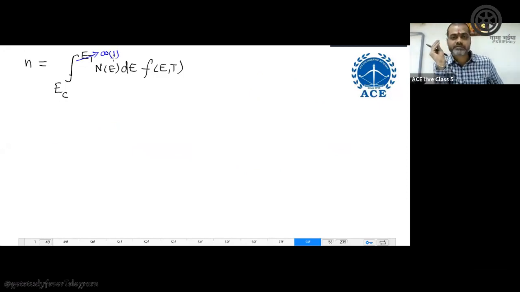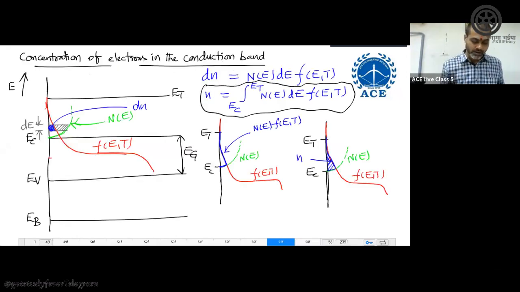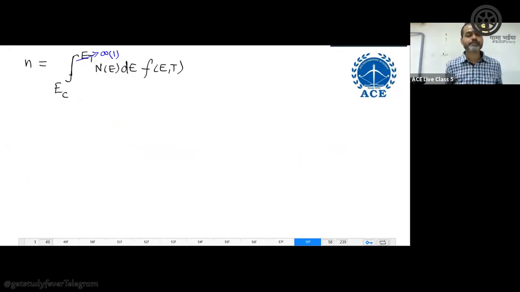The value of f of E comma T is becoming 0 well below ET, so the position of ET is not going to affect it. That is why I am putting it at infinity.